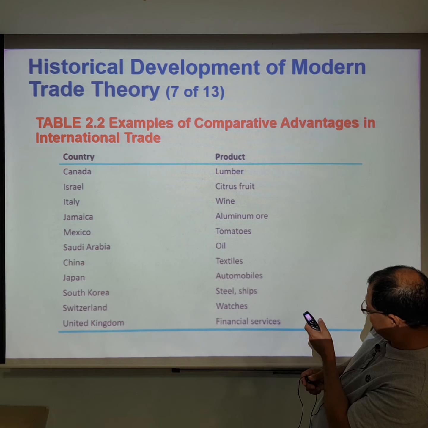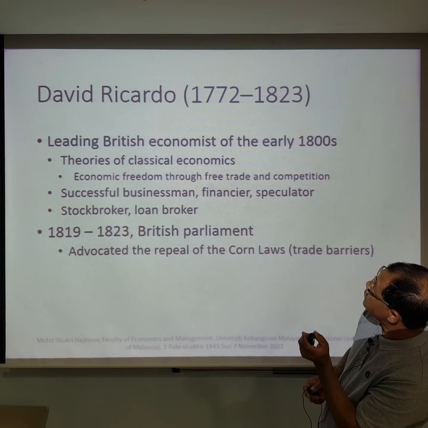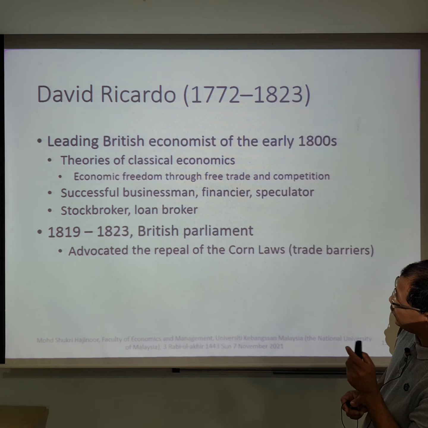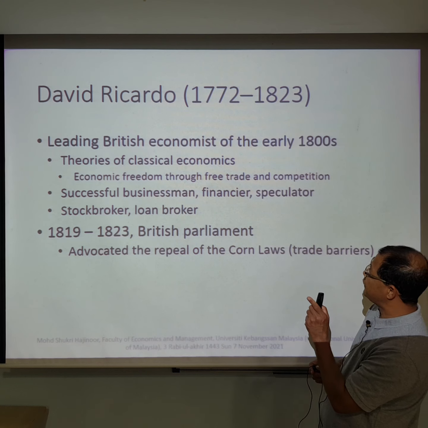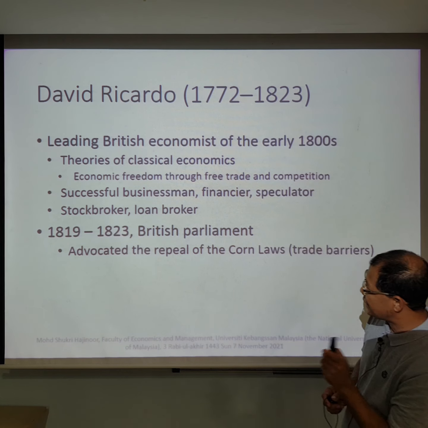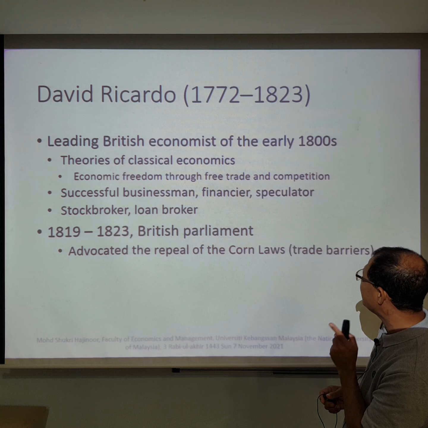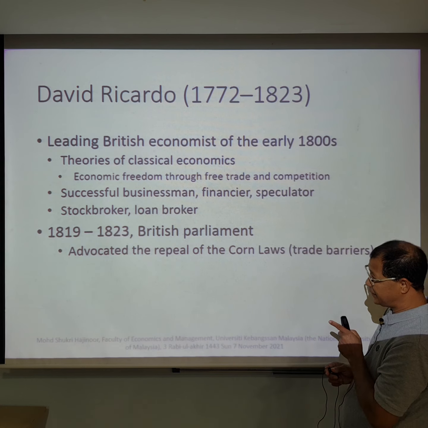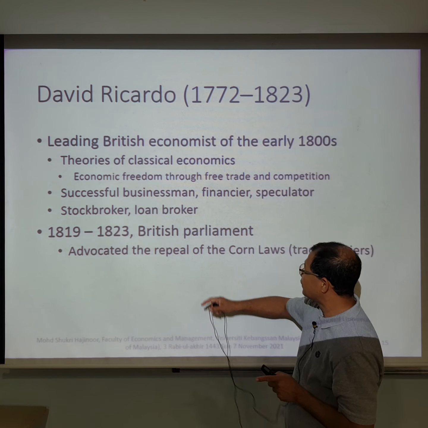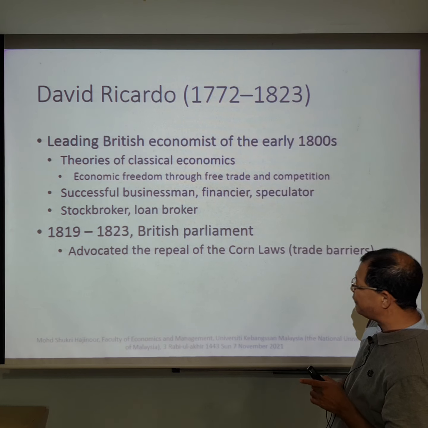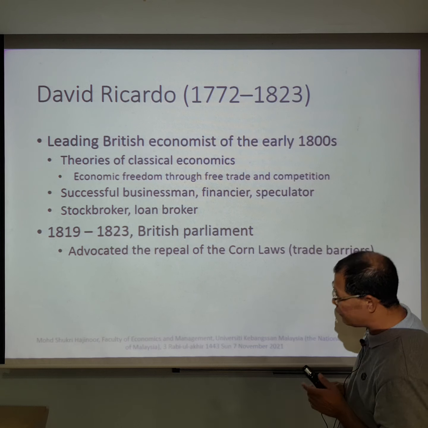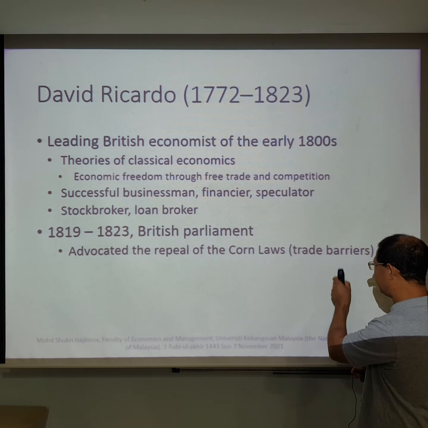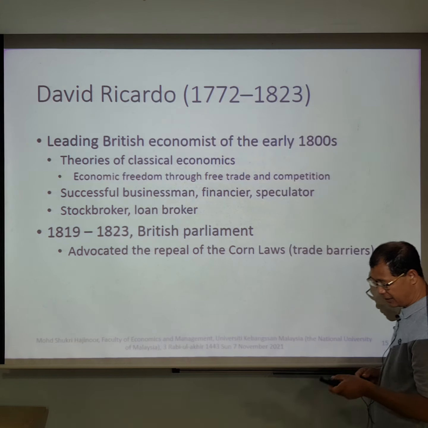So, not much here. This is just about Ricardo. He's a leading economist in the early 1800s, theories of classical economics, economic freedom through free trade and competition, successful businessman, financier, speculator, stockbroker, loan broker. 1819-23, British Parliament, he advocated the repeal of the Corn Law, for no-barrier trade.